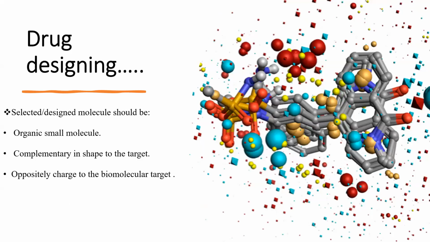So there are selected design molecules. There are a lot of molecules, organic small molecule compounds, complementarily shaped to the target, oppositely charged to the biological target. So when you design drugs, you take a small molecule, and what we mean by small molecule is all the drugs you are buying on the market.